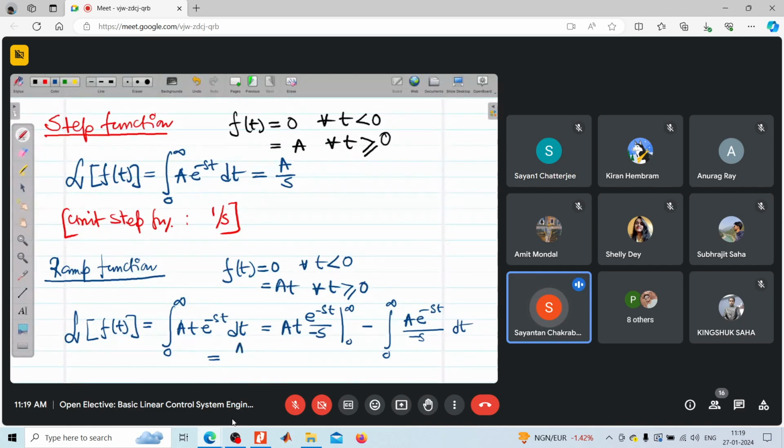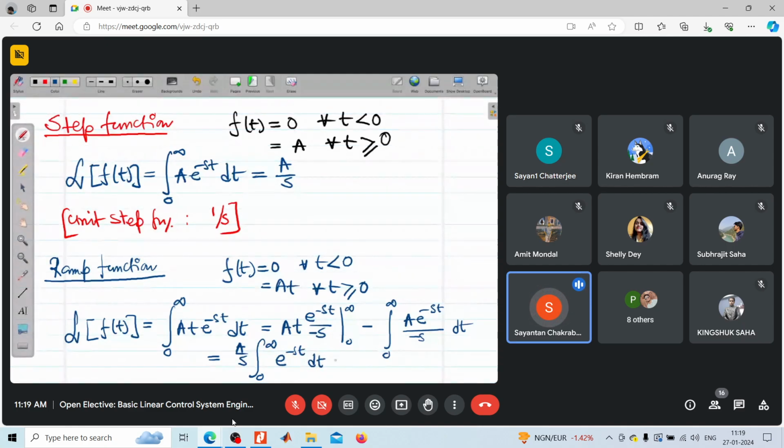From this side, for infinity it is 0, for 0 it is also 0, so it will be simply a by s times the integral from 0 to infinity of e to the power minus st dt.